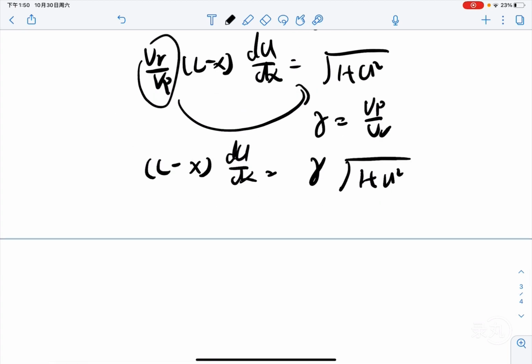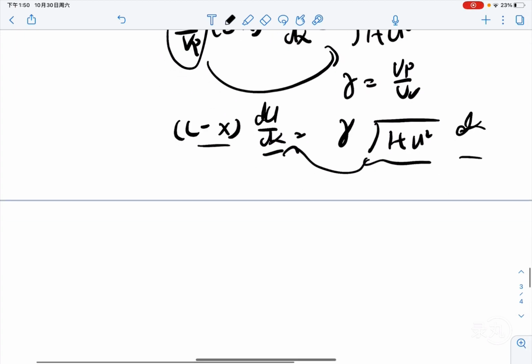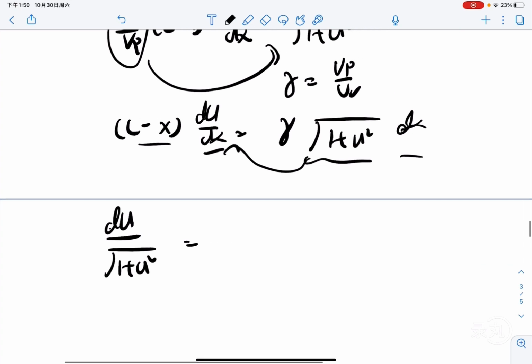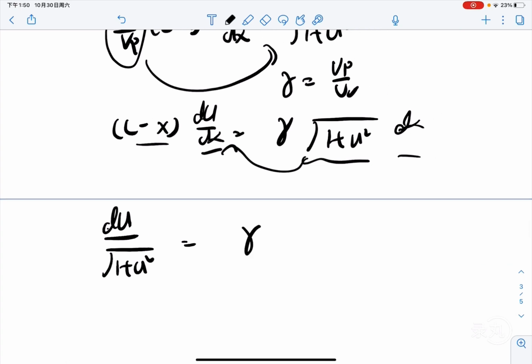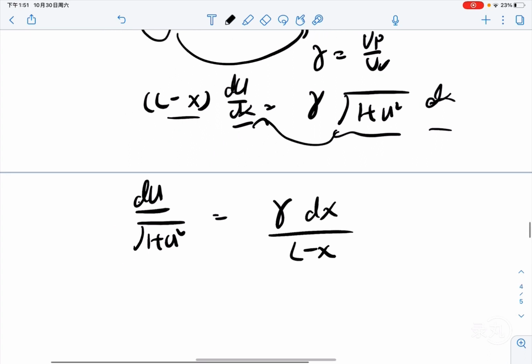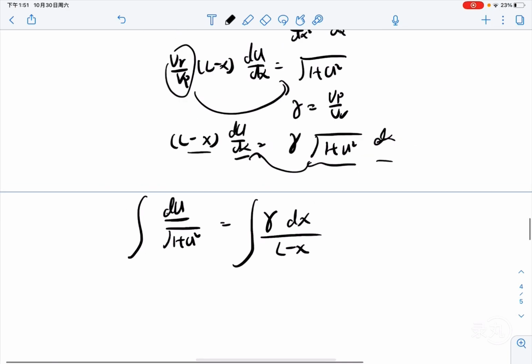And if we move the dx term to that side, we can get the equation to be du over the square root of 1 plus u squared is equal to gamma times dx over (L minus x), and take the integral.